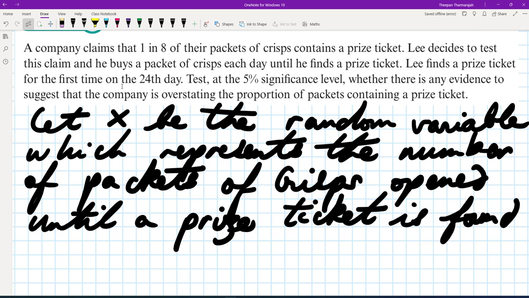So we're going to keep opening up these crisp packets, looking at these tickets until we find the first prize ticket. Because we're looking at the first prize ticket, we know we have a geometric distribution.